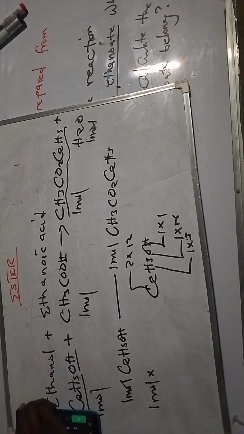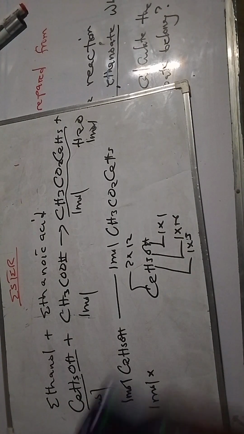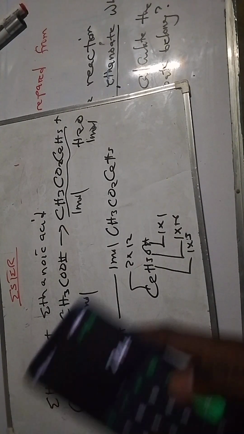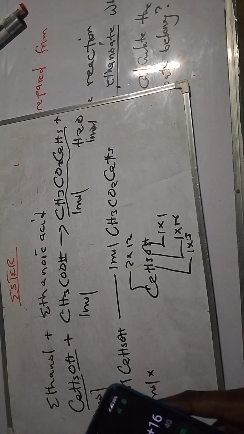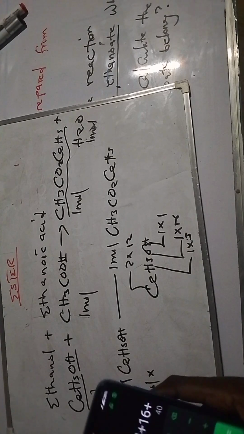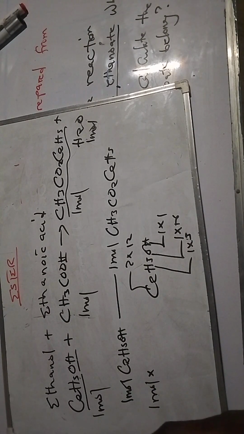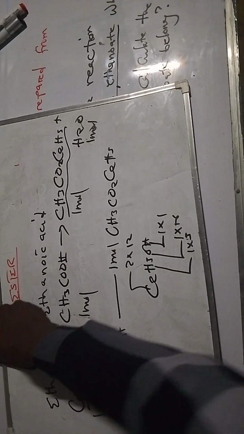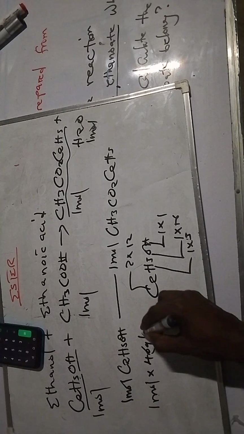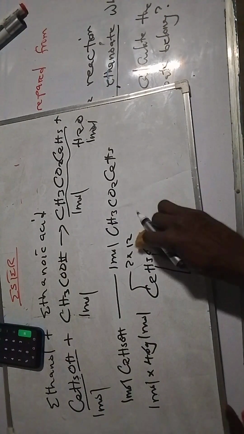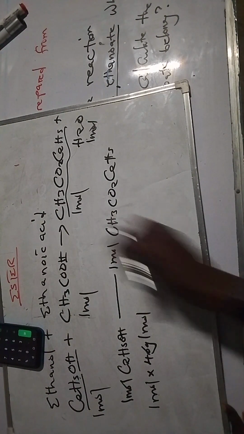So if I do my calculation, 2 times 12 is 24, so 24 plus 16 plus 5 plus 1. So I'm getting 46. So you have 46 grams per mole. Okay, so this part we are done.